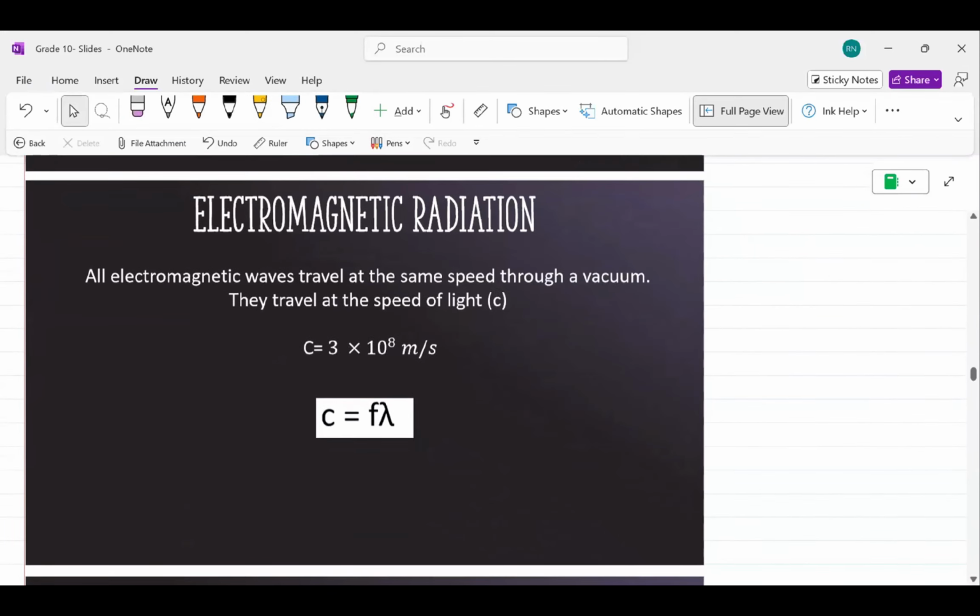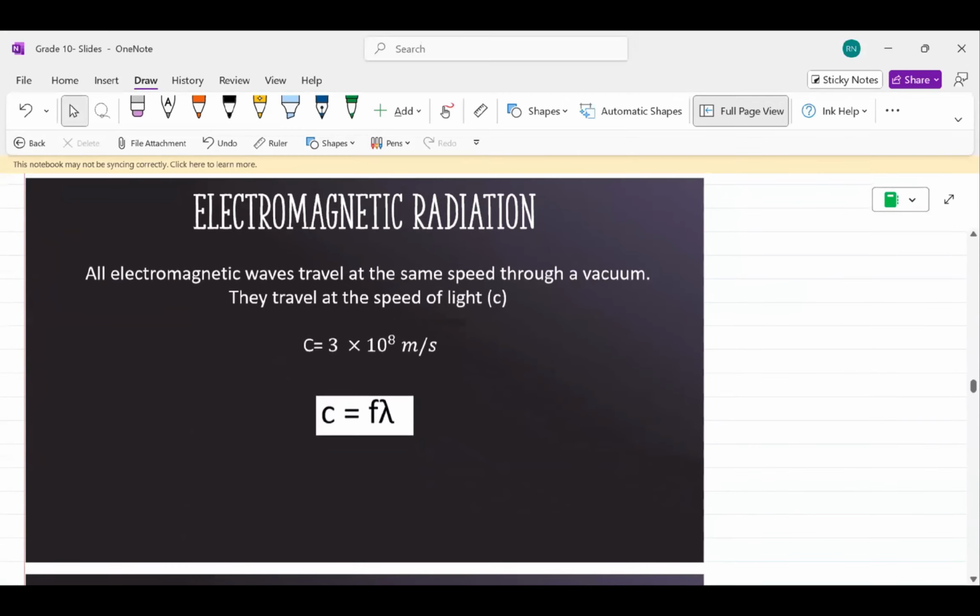Okay, now finally, we get to the electromagnetic radiation calculation. This is the same as we had before, right? This is the same as v equals frequency times wavelength, except here they've changed our v into c. So it's basically the same formula, but we have our v as c.